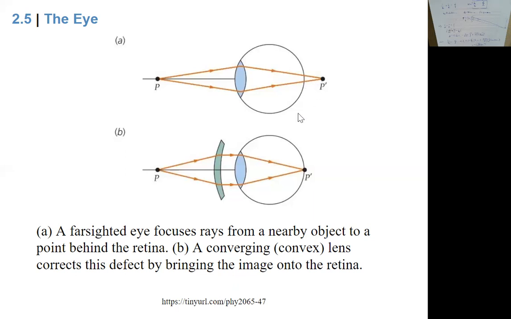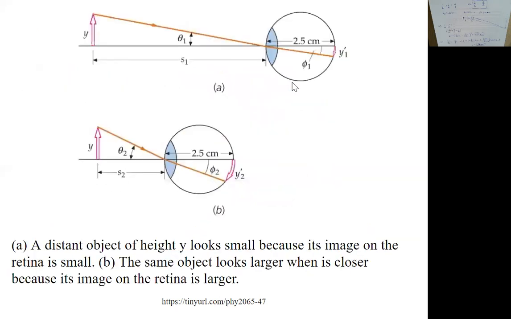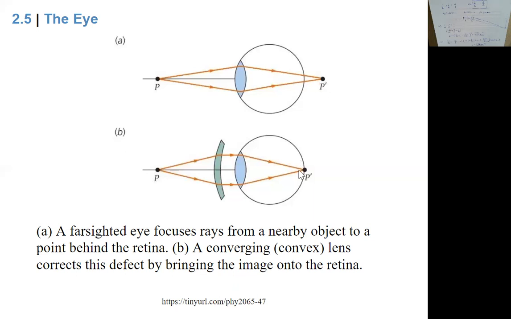So we need a converging lens here in this case, okay, to converge the rays to be on here, okay? So this is like over-diverged there, then you want to converge it to be on the retina there, right? So in this case, a convergent lens is used, a convex lens is used, okay?